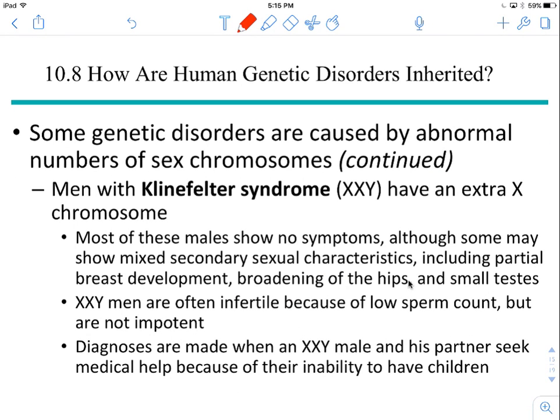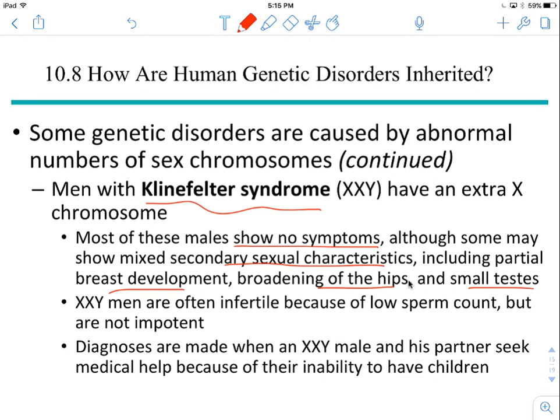Okay. Klinefelter syndrome is men with XXY. They have an extra X chromosome. Again, most of these guys have no symptoms. Some may show a little bit of female secondary sex characteristics, breast development, broadening of hips, smaller than average testes.